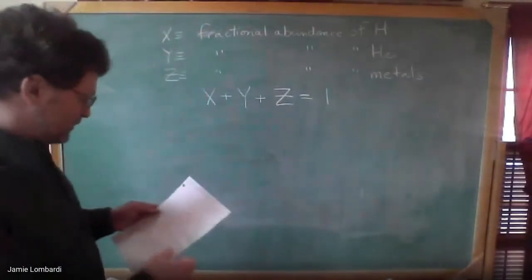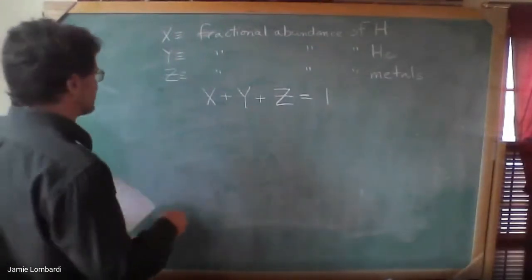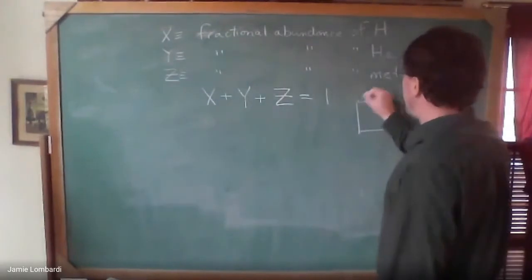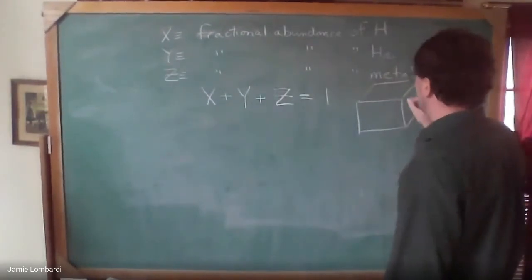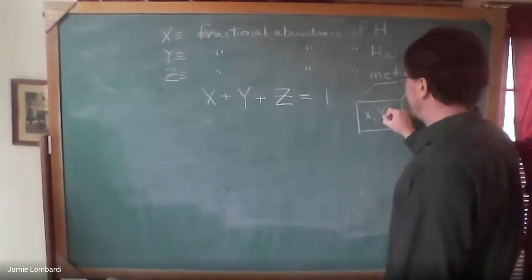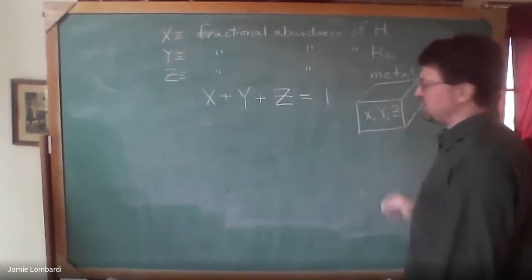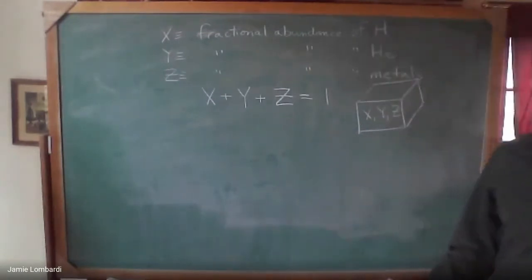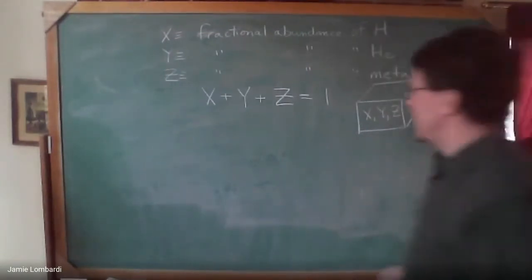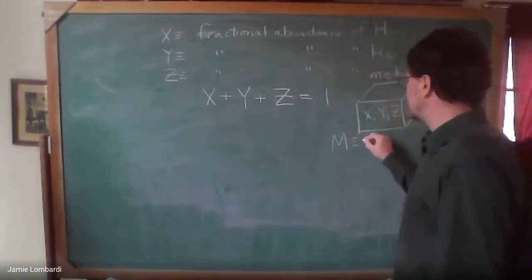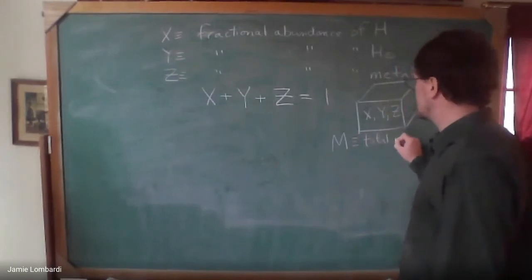And so what I want to do is take a box and imagine that there is a mixture of species within this box. And the variables x and y and z will specify how much of each of these species I have. And in what follows, m is going to represent the total mass in the box.